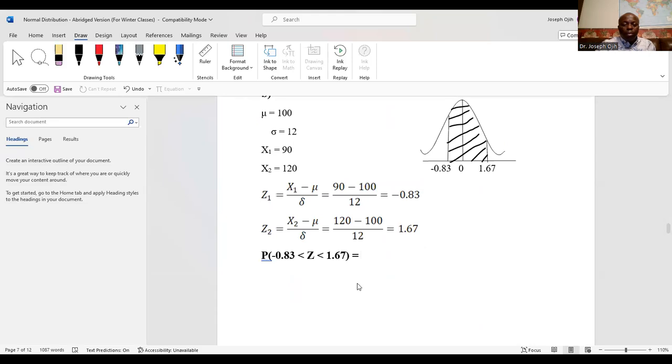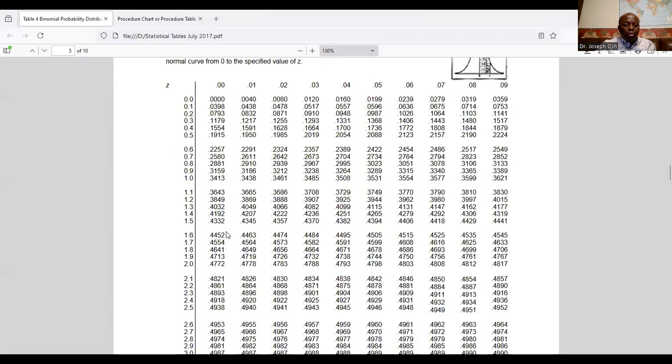So you check 1.6 under 7. I got 0.4525. When you add them together, that'll give you the answer you're looking for.